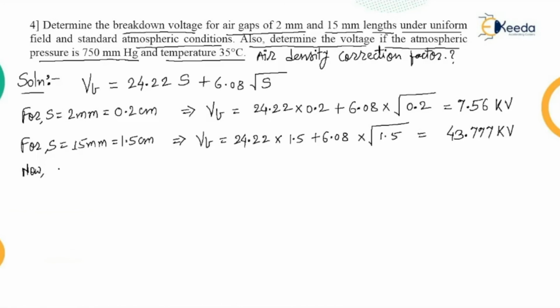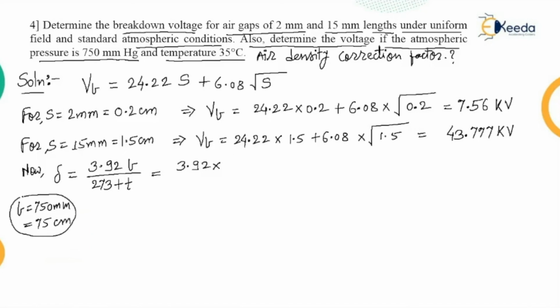So here you need to find the air density correction factor, given by delta, and the formula which we already discussed is 3.92 into B divided by 273 plus T. Here B is pressure, which is in centimeter, so 750 mm can be written as 75 centimeter, divided by 273 plus temperature 35 degree Celsius.